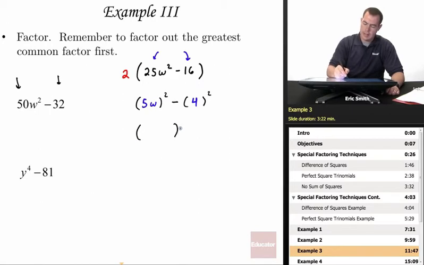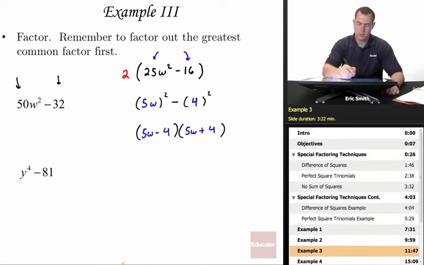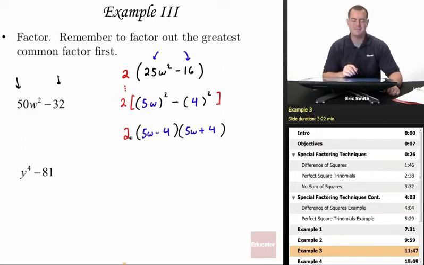So now I can see how this one will factor. 5w minus 4 and 5w plus 4. Now don't forget that 2 that we took out at the very beginning. It's still hanging out front during the entire process. So go ahead and put it in.